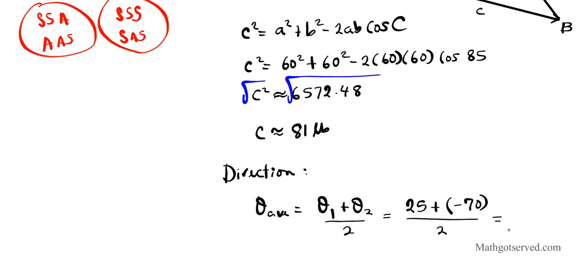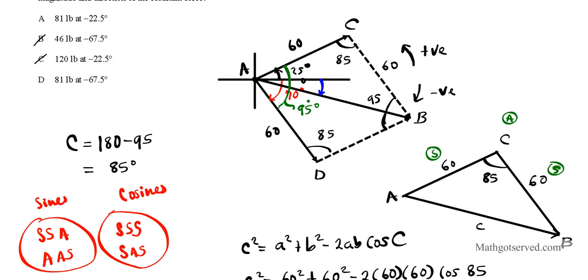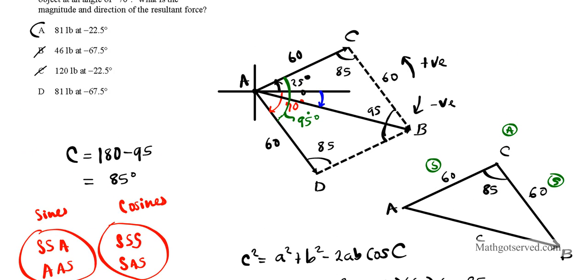When we add them up, 25 plus negative 70, we have negative 45 degrees. When you divide it by 2, you're going to get negative 22.5. So theta average is negative 22.5 degrees. So this is the direction. Okay, so our final answer is option A. So there you have it.